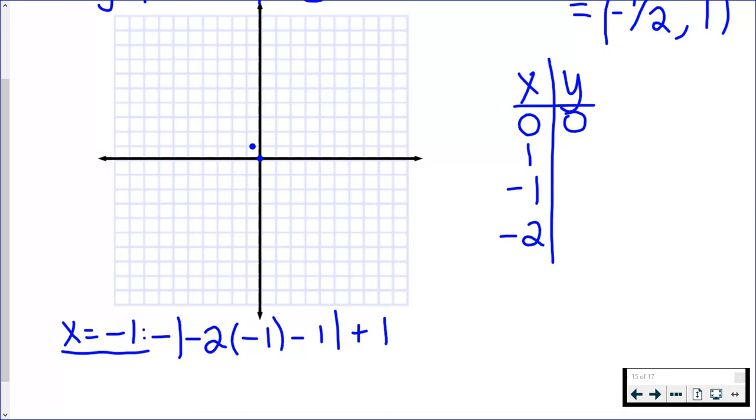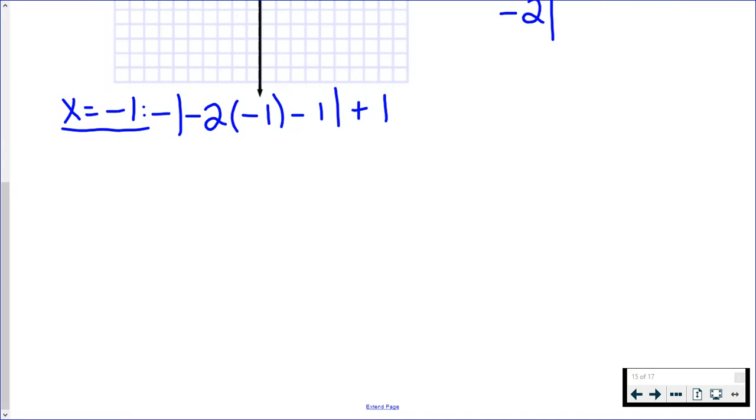The last x value I'm going to plug in for you is negative 1. So again, we start inside the absolute value. Negative 2 times negative 1 is positive 2. So then we have 2 minus 1, which is 1.